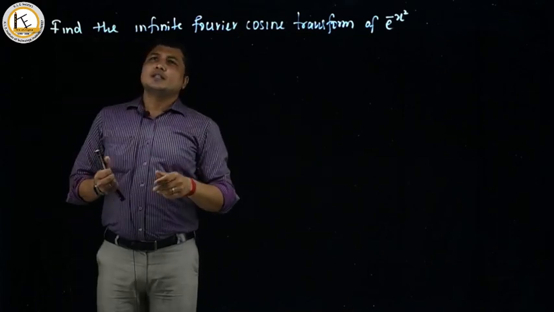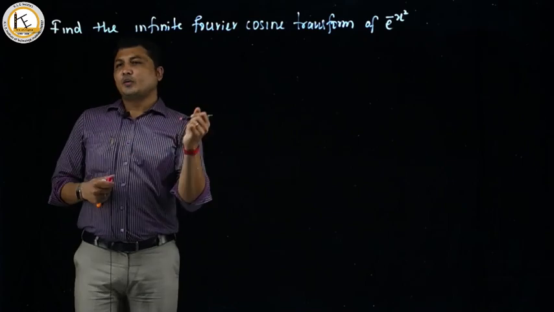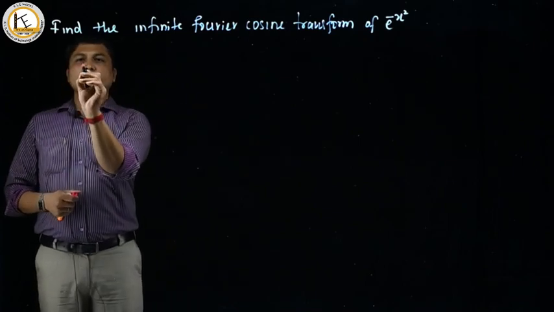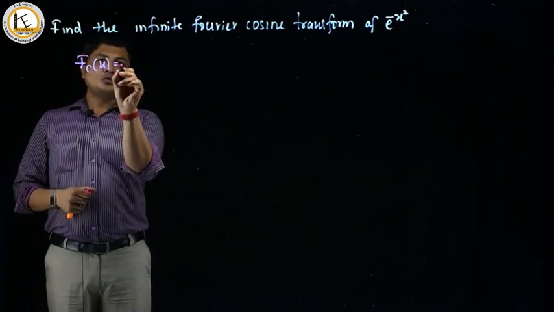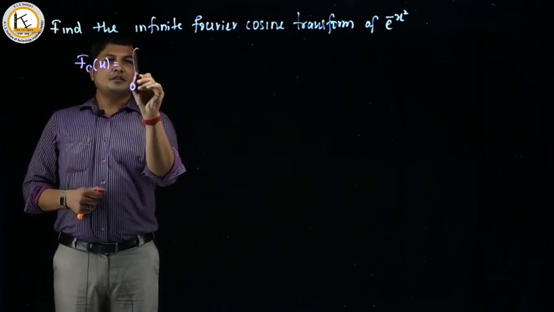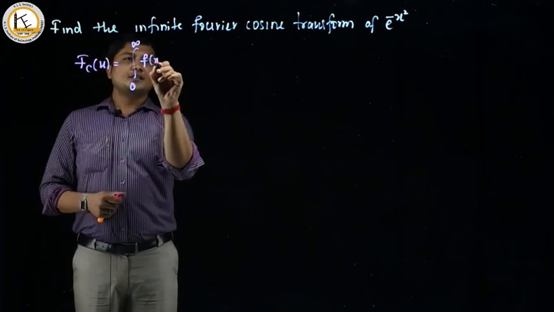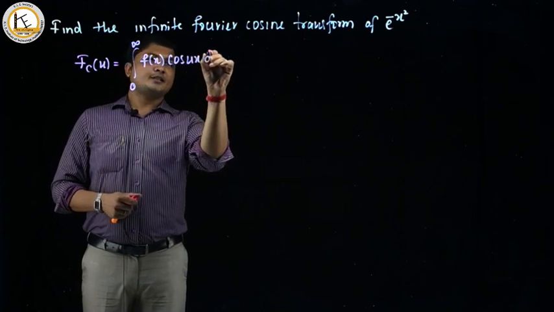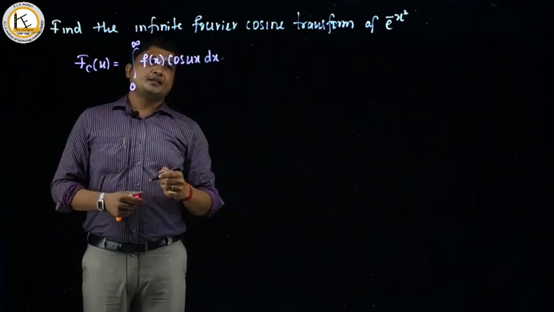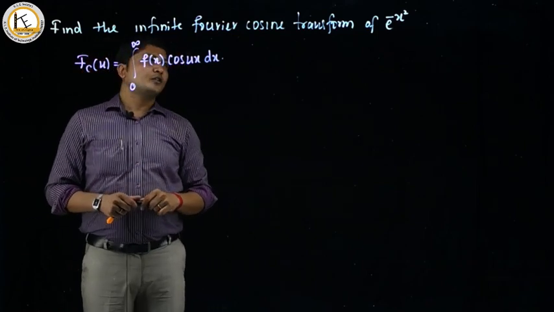So obviously to find the Fourier cosine transform we have a mathematical form. Fc of u is equal to integral between 0 to infinity f of x into cos ux with respect to x. So this is the mathematical form of Fourier cosine transform.